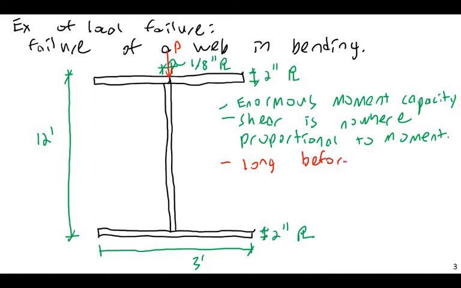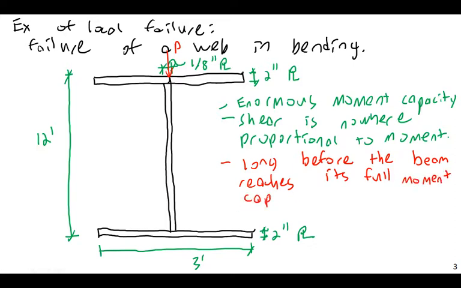The web is basically going to fail as a column. Long before the beam as a whole reaches its full moment capacity, the web will buckle.